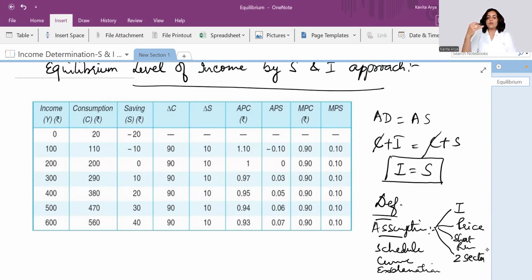Right. Then move to the third step, and that is the schedule. I did tell you this schedule is the comprehensive one. We have 3 more columns, AD, AS, and I, and you can use it anywhere it is required in the chapter, for any concept.